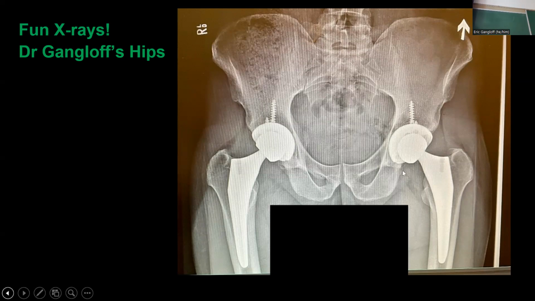You can develop bone spurs, et cetera. What they do is they lob off the top of your femur, drill out the acetabulum, put this ceramic and plastic cup in there, and then put this prosthesis in the head of the femur. They actually hammer this thing down into the bone.